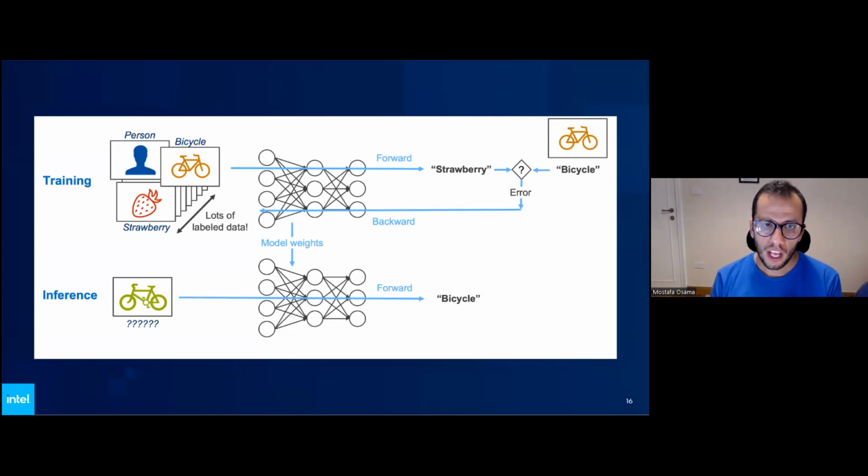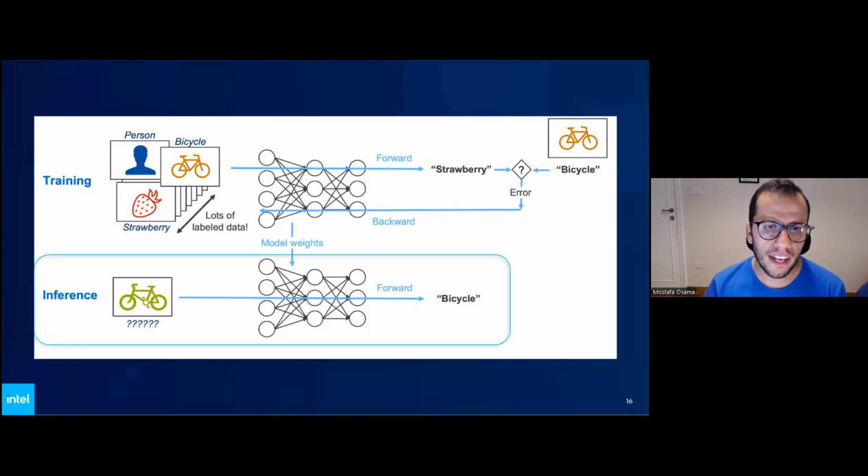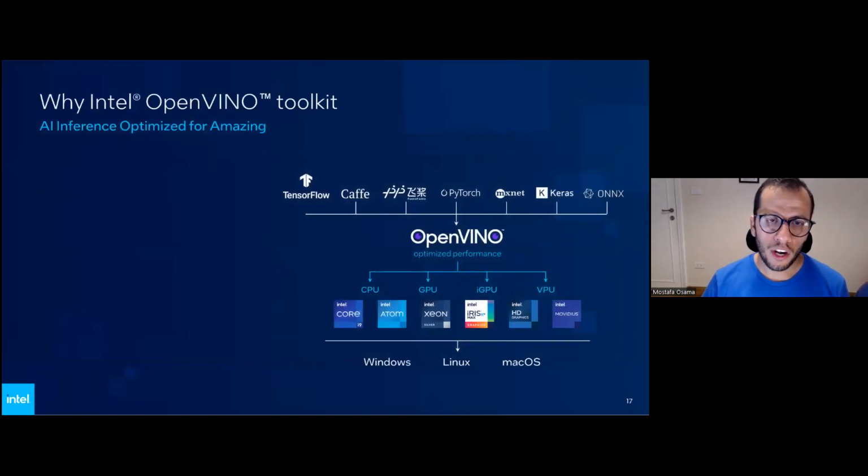And this is what we use in production inferencing and in the deployment of our edge computing solution. This is what we care about more, the inferencing part. One of Intel's tools that is powered by oneAPI, of course, is Intel OpenVINO, used for AI inference.